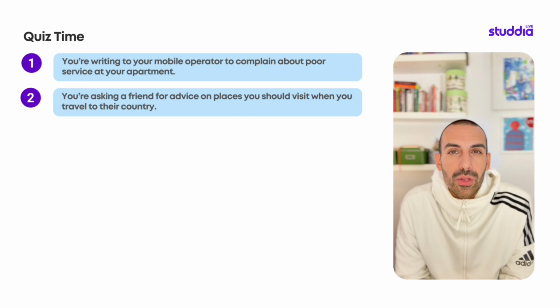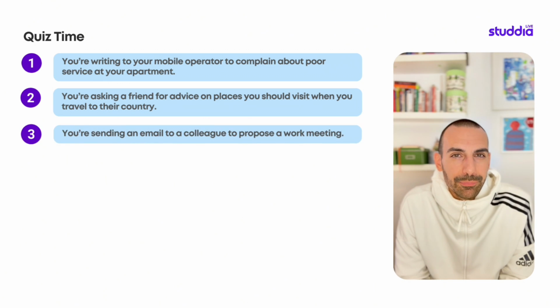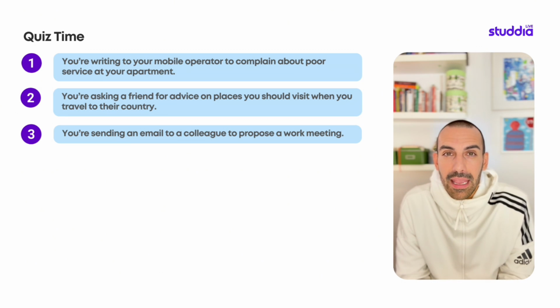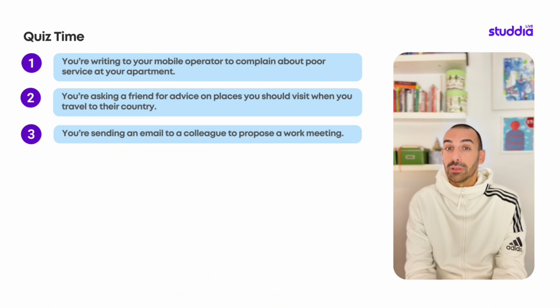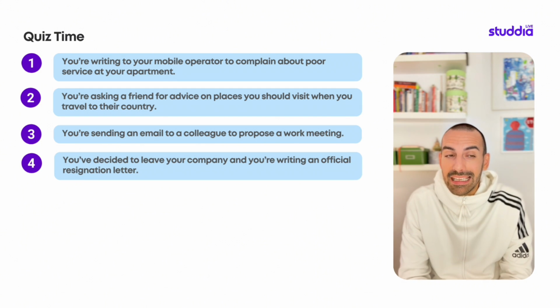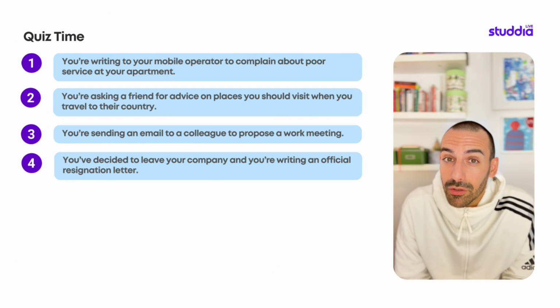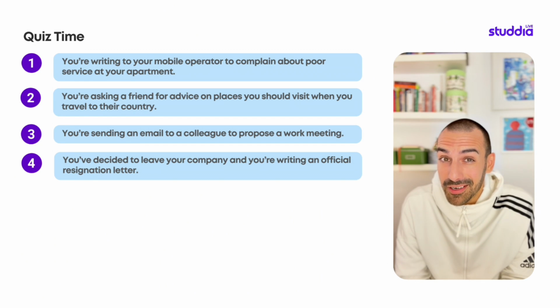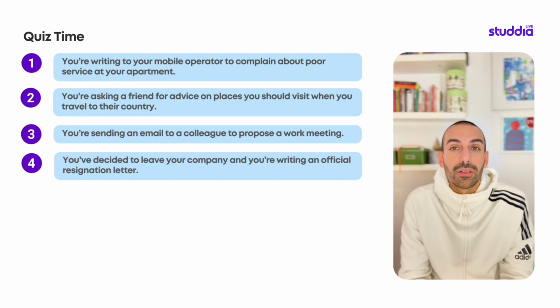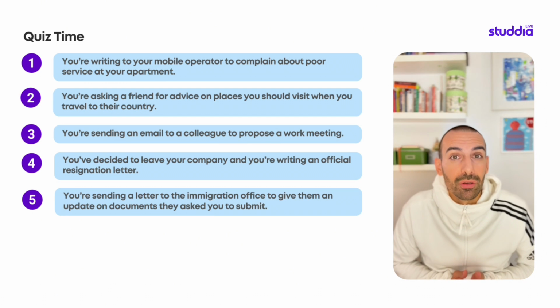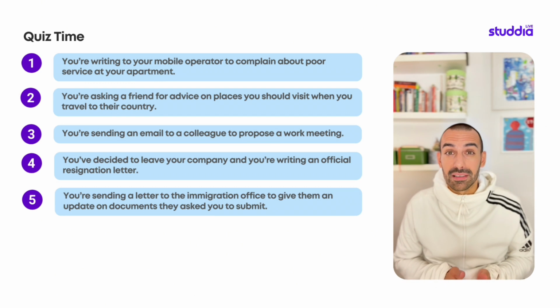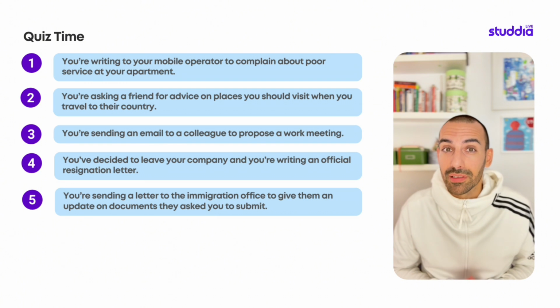Next one: you're sending an email to propose a work meeting to a colleague. Next, you've decided to leave your company and you're writing an official resignation letter to inform them. Pay attention, I said official resignation letter. Next situation: you're sending a letter to the immigration office to give them an update on some documents they've asked you to submit.